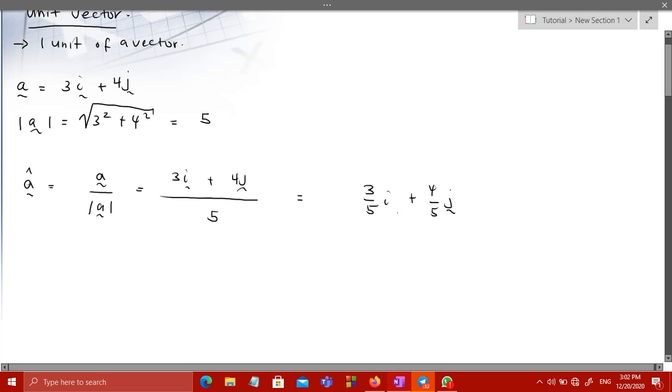So actually, you are wondering what the unit vector tells us. Let me illustrate to you.